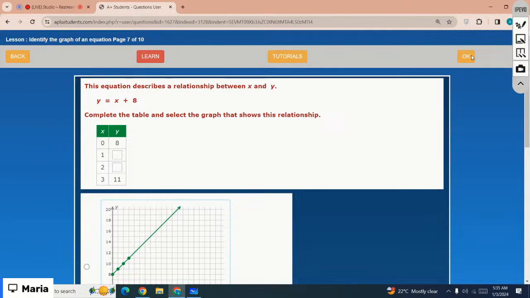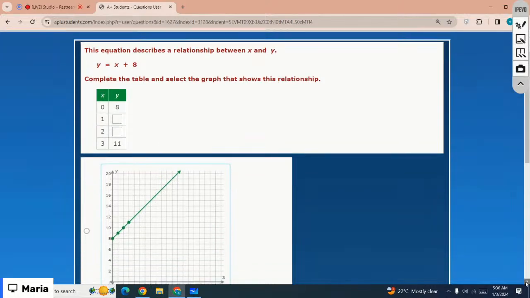The equation describes the relationship between x and y. So the given values match with the first graph, right?